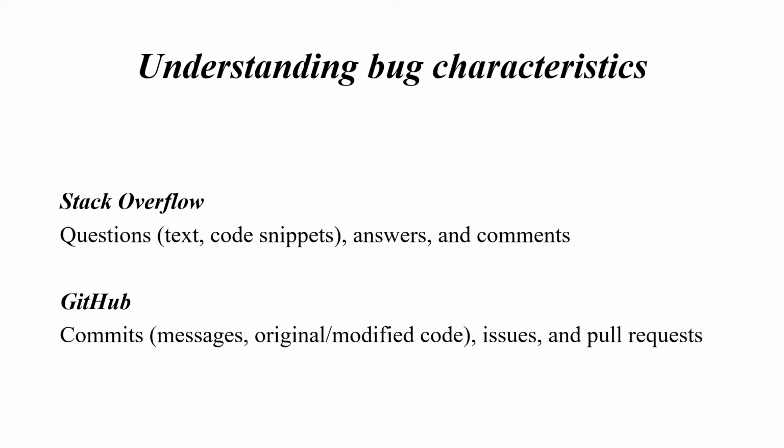Similarly, for our GitHub bugs, we manually analyze the messages and code snippets in their commits, issues, and pull requests. Similar to data collection, multiple authors participate in these analyses and iterate and refine until they all agree.